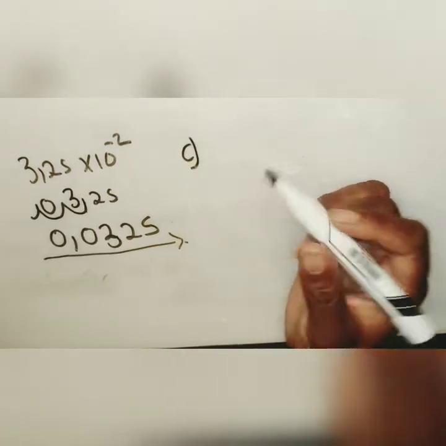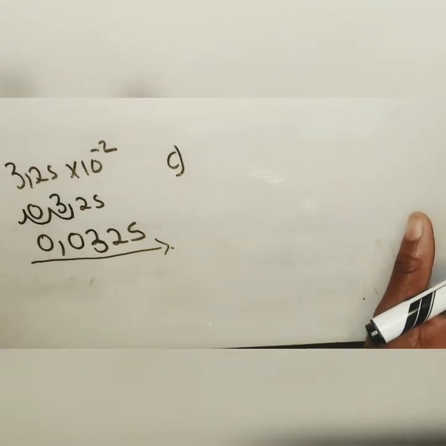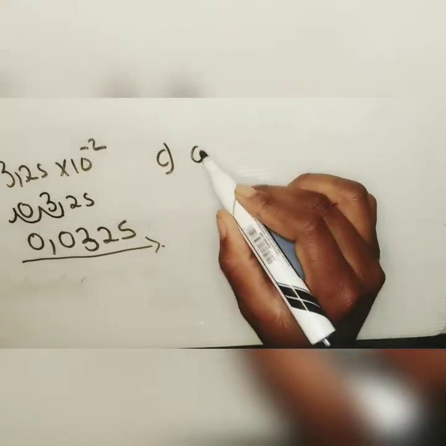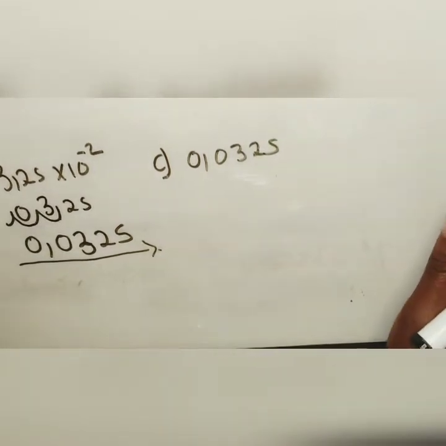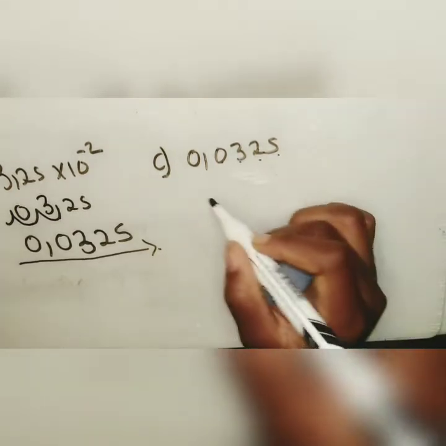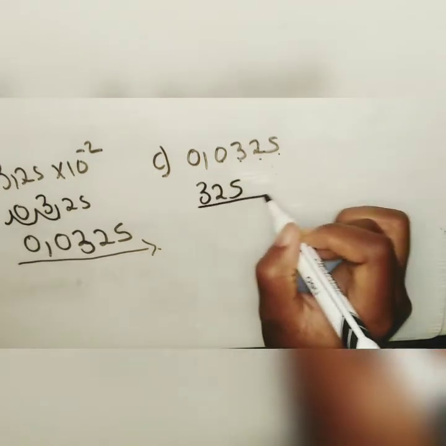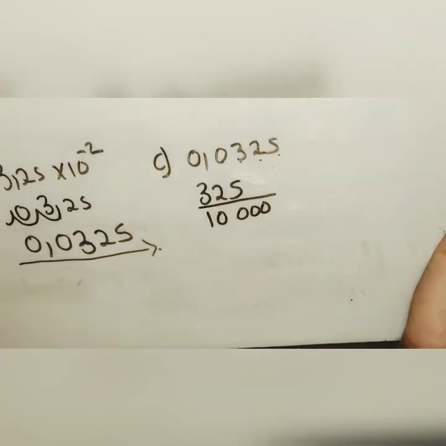And for part C of the question, they want us to write our final solution as a fraction in its lowest terms. So it's 0,0325. You just have a look and check how many numbers are after the comma. So you've got 1, 2, 3, 4. This means it's 325 over 10,000. But they want their answer in its simplest form. I know a number that can go into 325 and also into 10,000, which is 25.